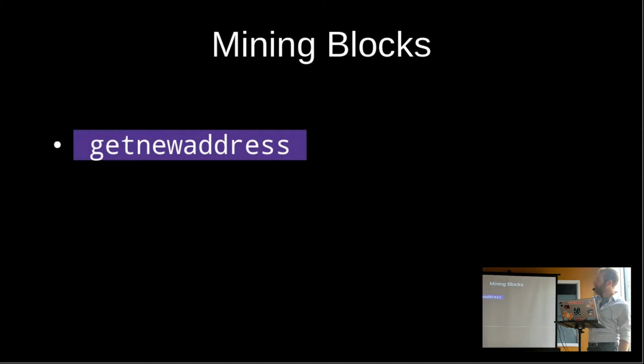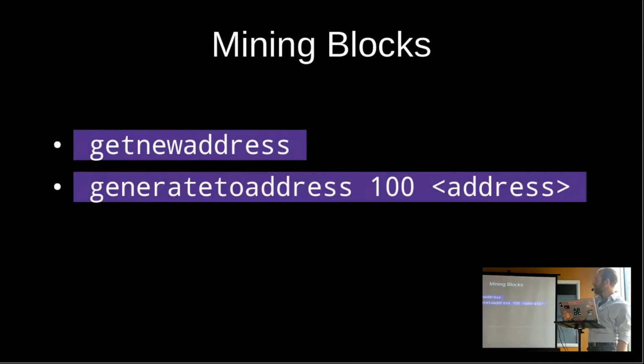And you're going to copy that address that it gives you. It starts with BC1, or no, actually, it starts with BCRT for regtest. So this is the next command we're going to do: generatetoaddress 100, and then put your address afterwards.